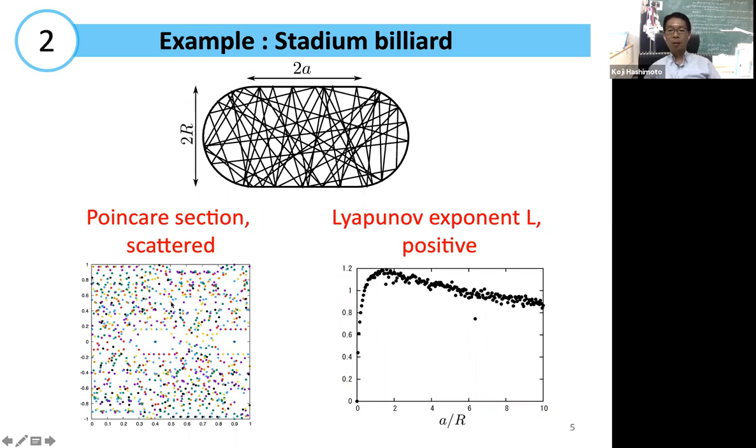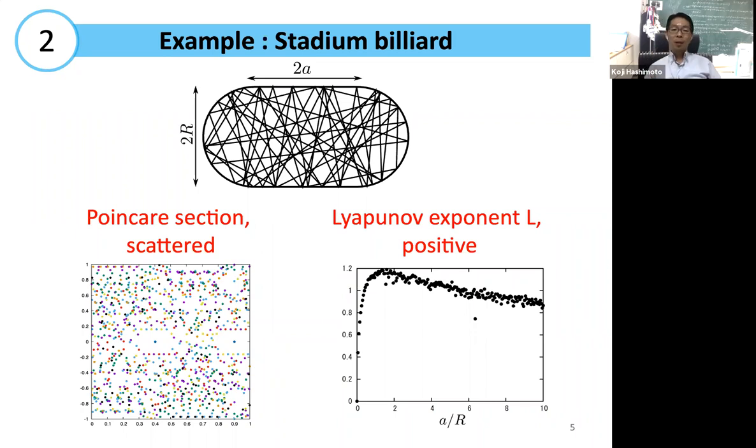So it shows chaos. And in fact, numerically, you can evaluate the Lyapunov exponent. And this is the result. So it is plotted as a function of A over R. So if A over R is 0, then the Lyapunov exponent is 0.